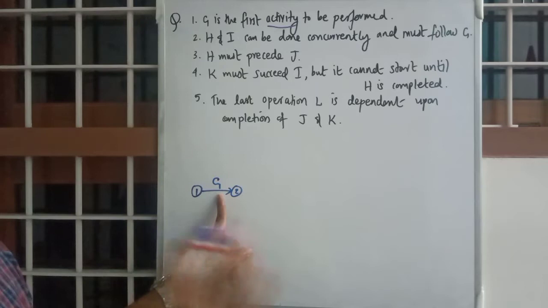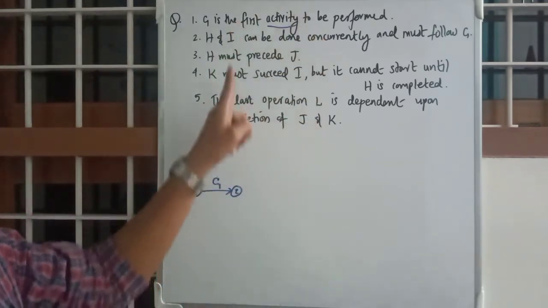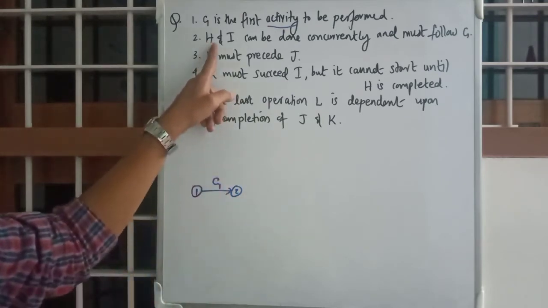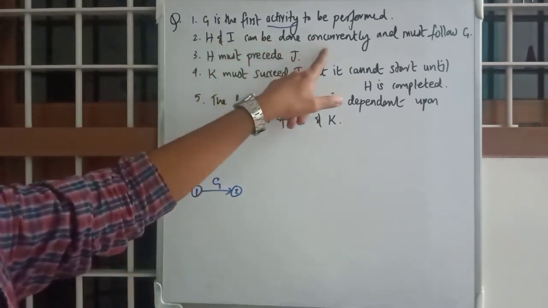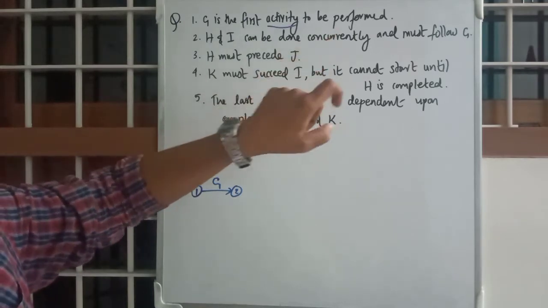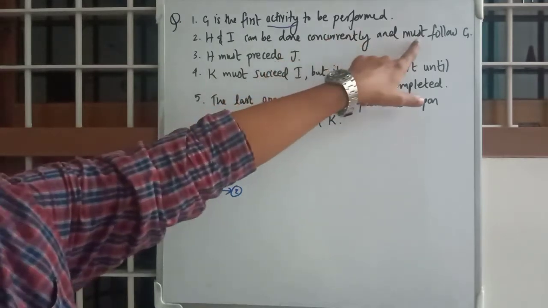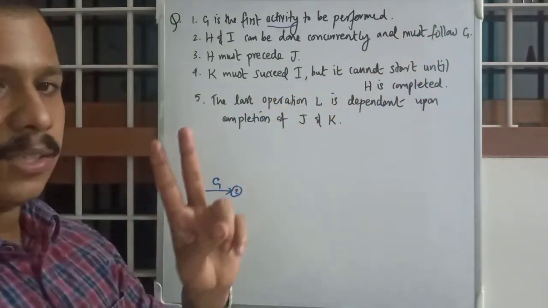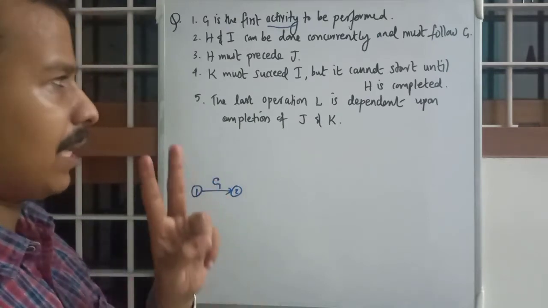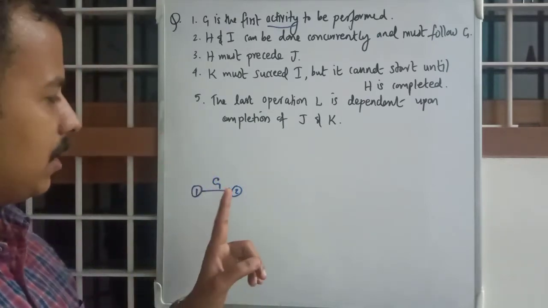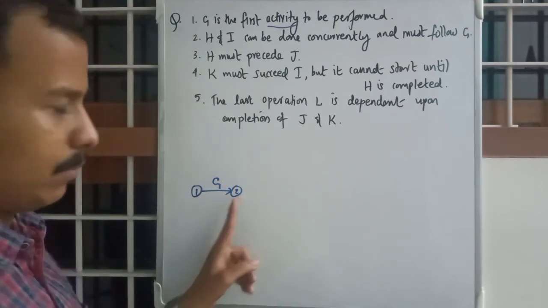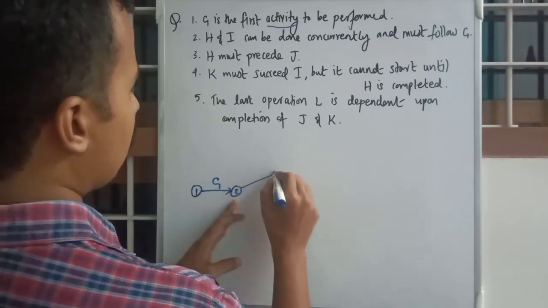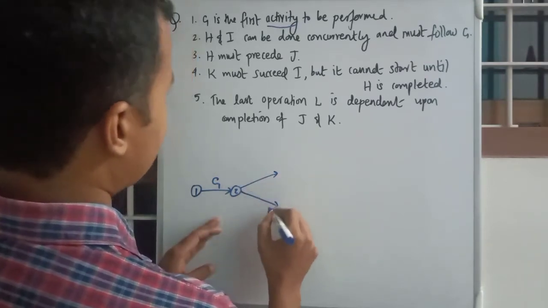There will be 2 events. Forget about the events, as the question is based on activity only. So 1 to 2 G. Second condition, H and I can be done concurrently. Concurrently means as parallel. Concurrently and must follow G. Okay, so H and I are 2 distinct activities that can be done parallelly, which should occur only after G. That means after this event 2, you can start 2 activities.